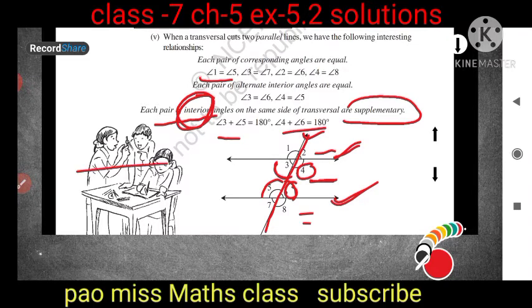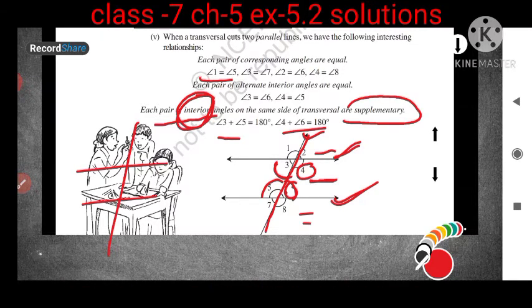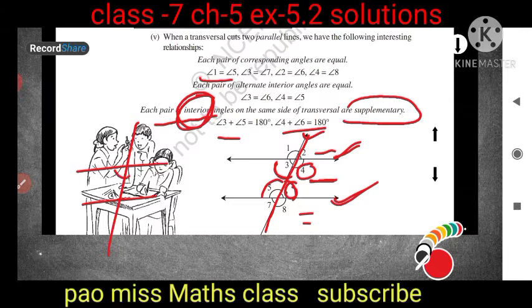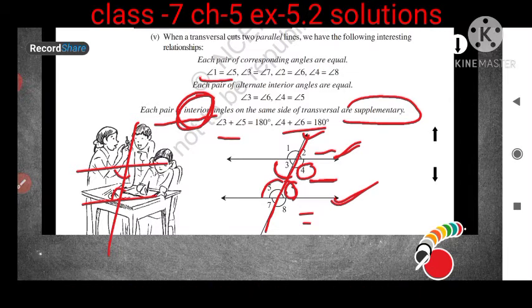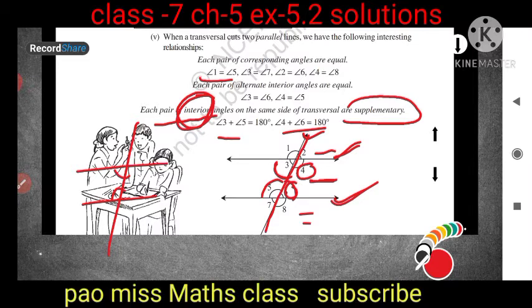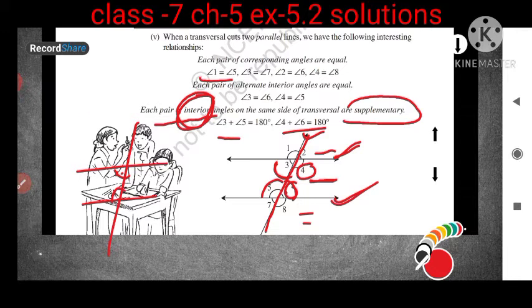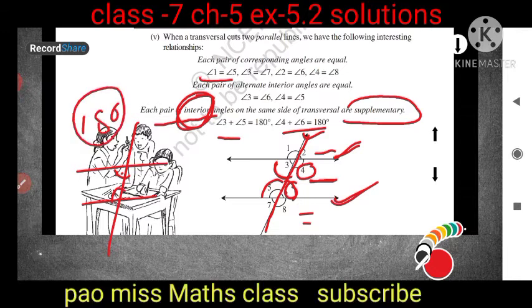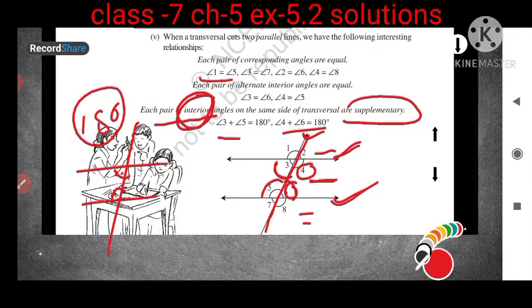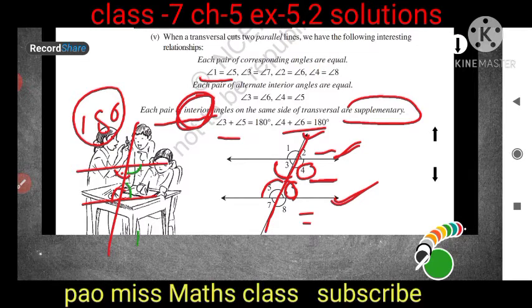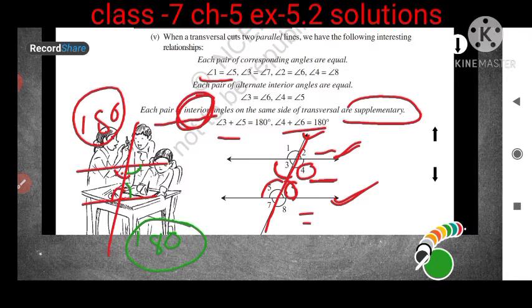Suppose I draw here again two parallel lines and one transversal. This angle and this angle are interior angles on the same side of the transversal. The sum of these two angles will be 180 degrees. In the same way, this angle and this angle will also be 180 degrees.